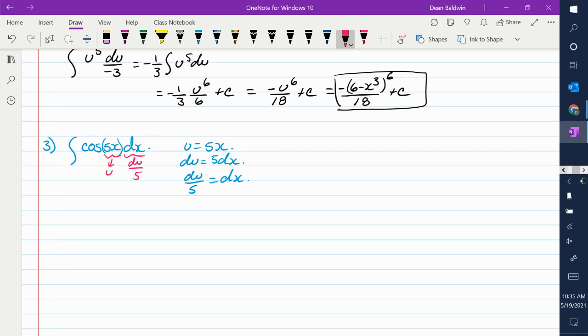That is u. So the new integral is now cos of u du over 5. What do I pull out? 1/5 comes out.